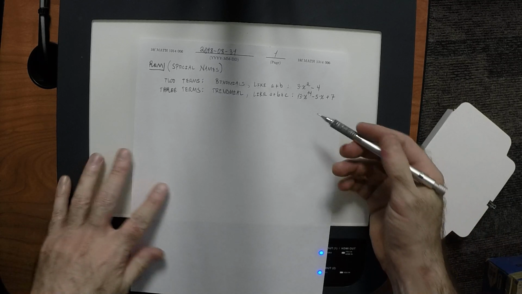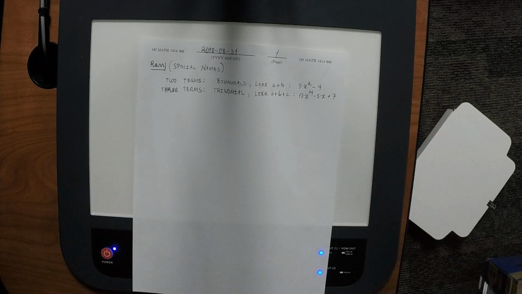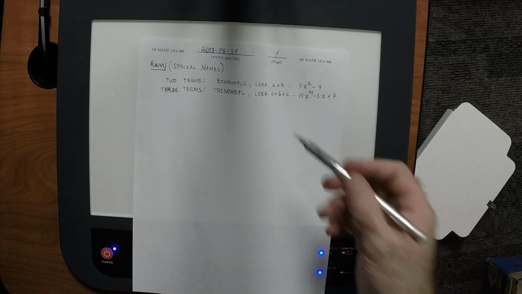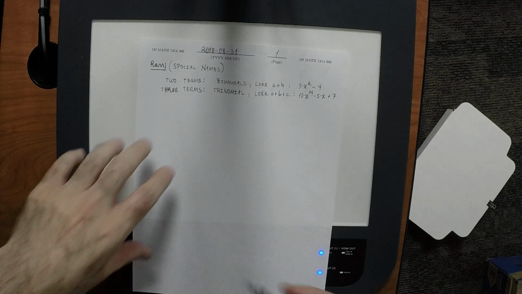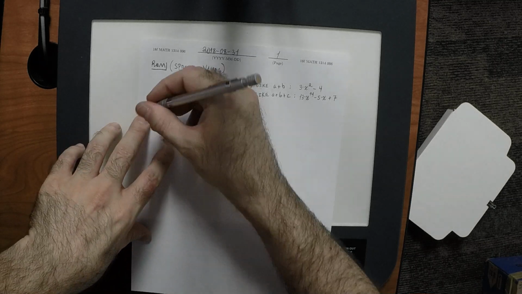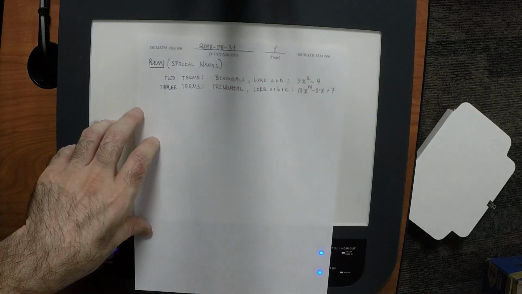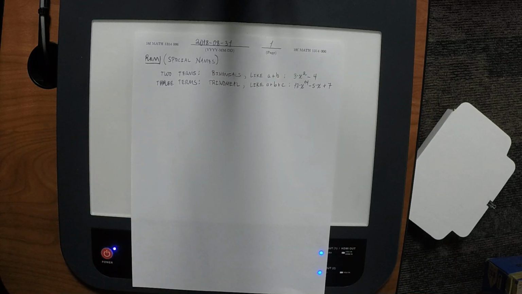So very often binomials and trinomials come up, so now we can refer to them with that name. So last time we did an example of multiplying out the product of two polynomials, and we did it really tediously, showing every distribution.